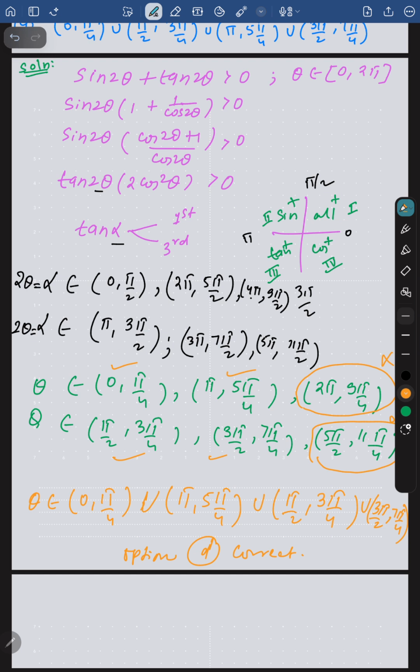And here you just write that theta is not equal to 0, theta not equal to pi by 2, theta not equal to 3 pi by 2.